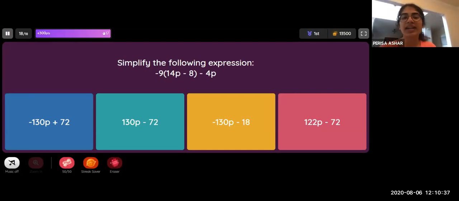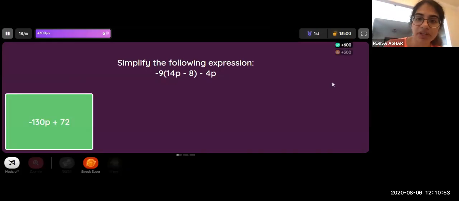And then 9 times 8 is 72, and there's a negative sign in both 9 and 8. And a negative times negative number is always positive. So negative 9 times negative 8 is positive 72. So as a result, we are now left with negative 130p plus 72.